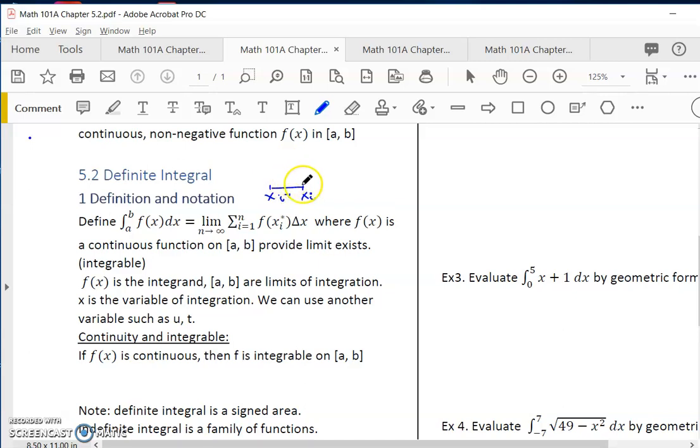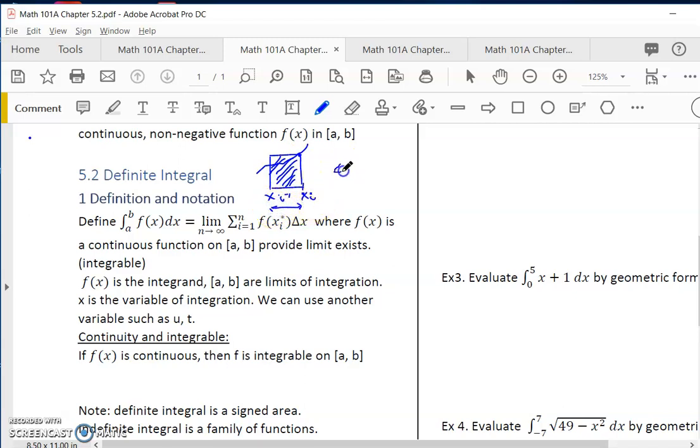We pick any number, most likely the right boundary, and then we pick this as our rectangle. Our graph could be somewhere like this, but we'll pick this one. And this would be our rectangle to represent that particular partition.